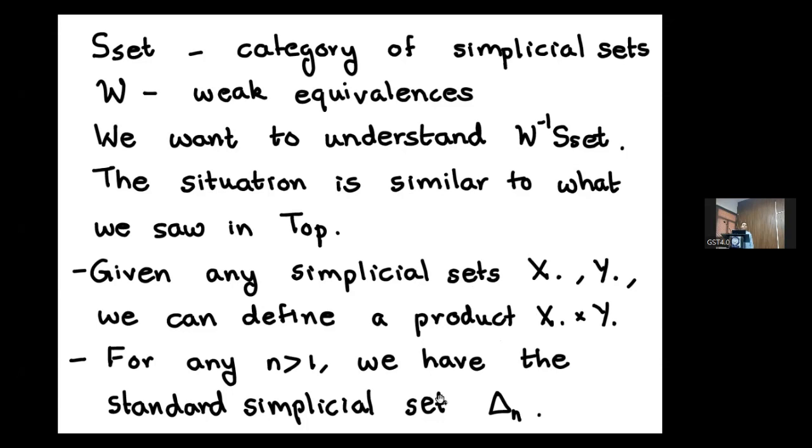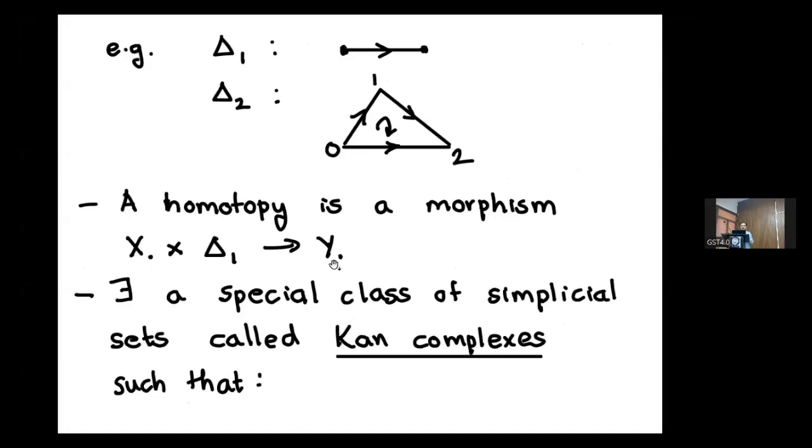You also have candidates to use for the unit interval, basically the one-dimensional simplex, which has two vertices and a single edge between them. That would be your one simplex, and that would be what you use to define homotopies. I'm not defining what the standard simplicial sets are, but I will just draw some pictures.